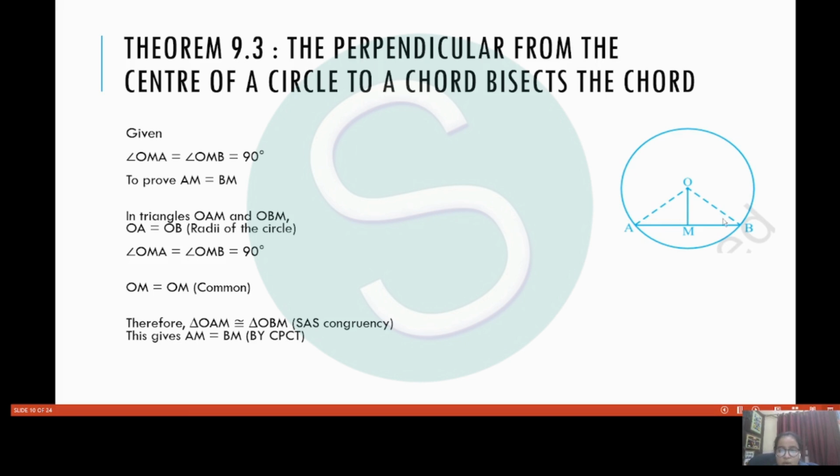And thirdly, OM equals OM, common. So these two triangles, OAM and OBM, are congruent. So by CPCT we can say AM equals BM. Hence, if AM equals BM, that implies that OM is the bisector of AB.